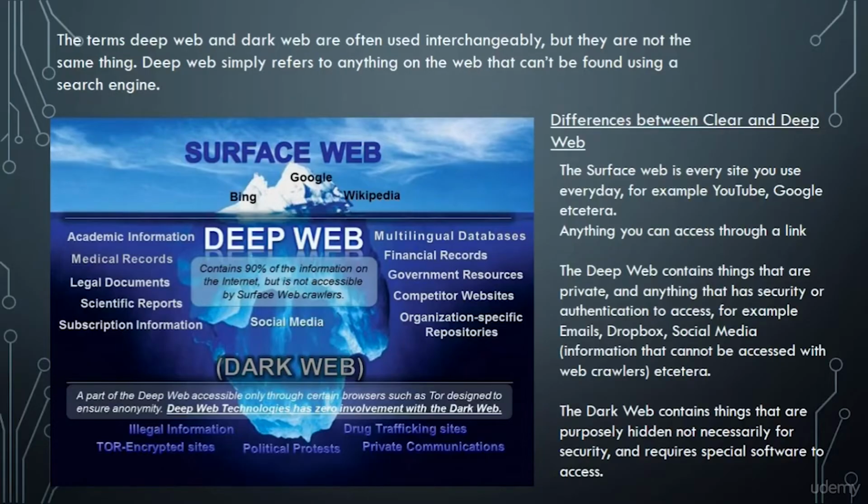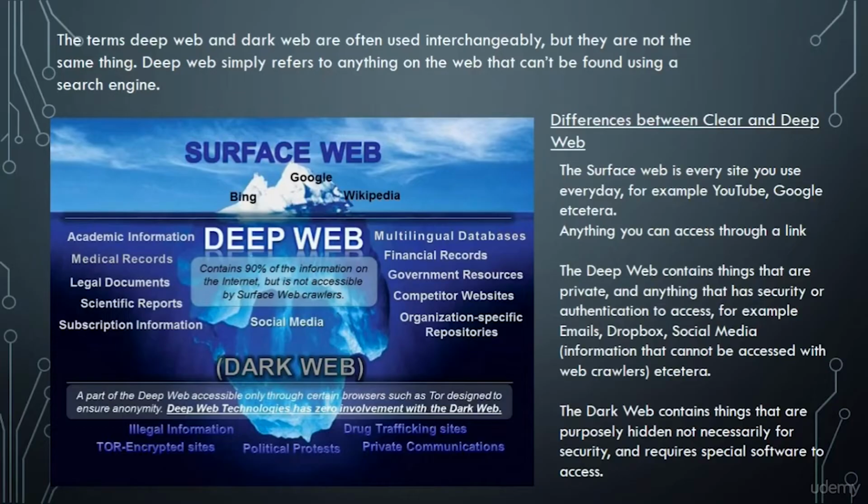Now, the deep web contains information or things that are private, and anything that has security or authentication in order to access it. For example, we have emails, Dropbox, social media, and information that cannot be accessed with web crawlers or search engines. Now let me explain what this means.